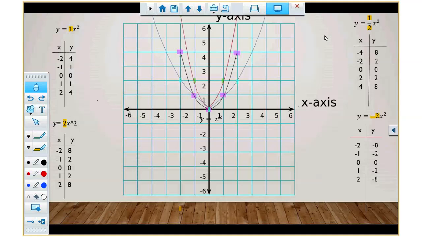Right, yeah. So anything compared to it would be either shallow or steep. And the a, the coefficient before the variable, tells you what kind of orientation you got. Whether it's compressed or fatter or skinnier. Or compressed along the x-axis or compressed along the y-axis. Or stretched along the x-axis.